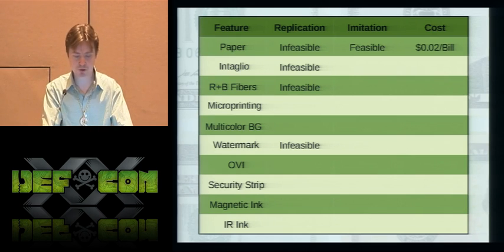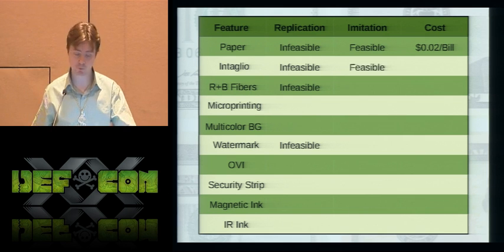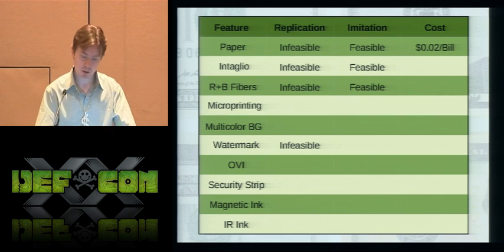A professional money handler could definitely tell the lack of the intaglio type of printing. But the question is, could an average person, if the bill looked close enough to a genuine one? Turns out they're not good at it.